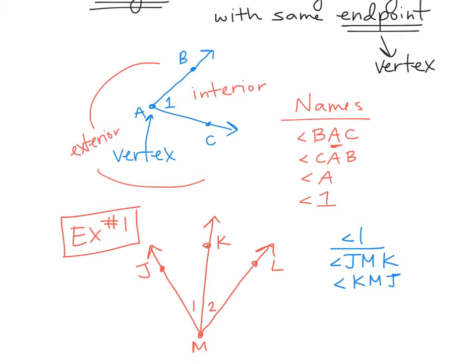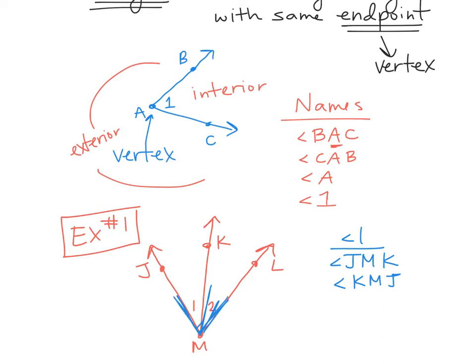Before, in that last one, we said you could name it angle A, right? Why do you think you can't name this one angle M? Yeah, Matthew. Right, we don't know which one we're talking about. Angle M might be this one, but it also might be the one next to it, or it might be the whole thing.